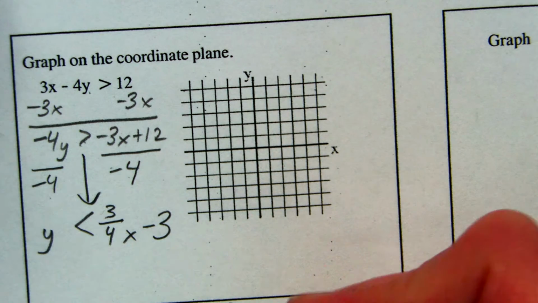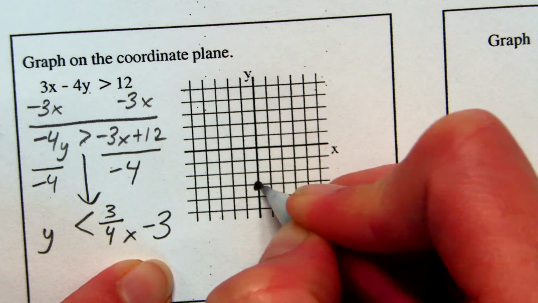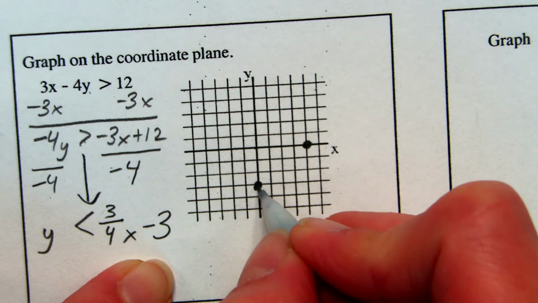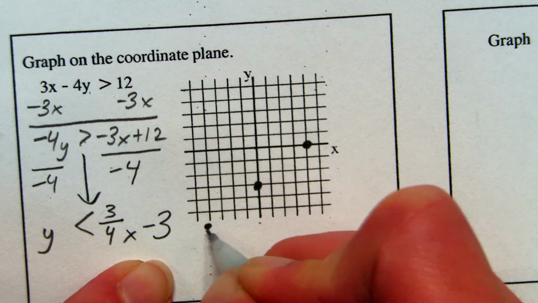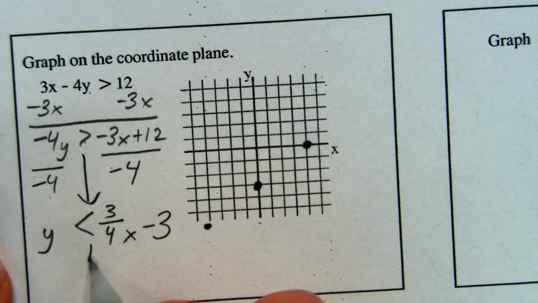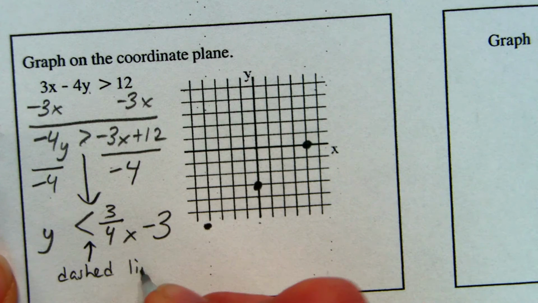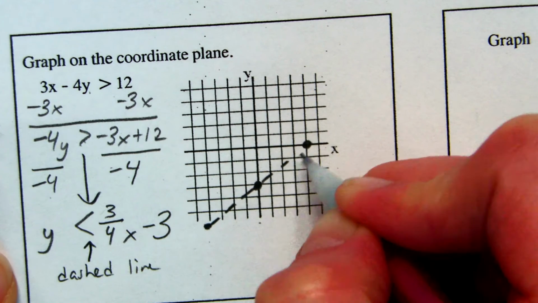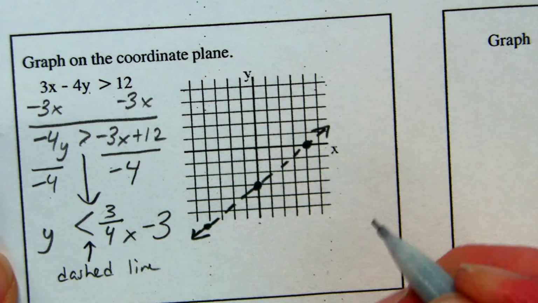So now we can go ahead and graph. We're going to start on -3 and go up 3, right 4, and we kind of run out of graph. You could sort of do one this way, 1, 2, 3, if you go out to the edge and back 4. And since this doesn't have the equal to sign, this is going to be a dashed line. So we're going to try to make little dashes here when you're connecting, and then put our arrows.